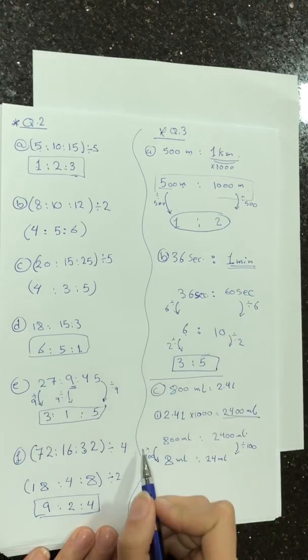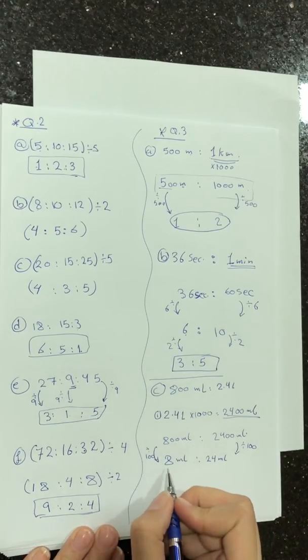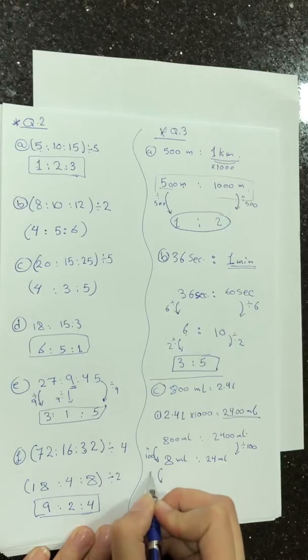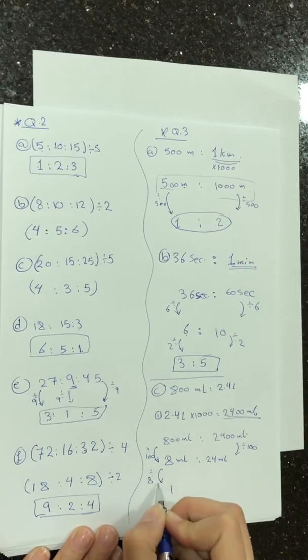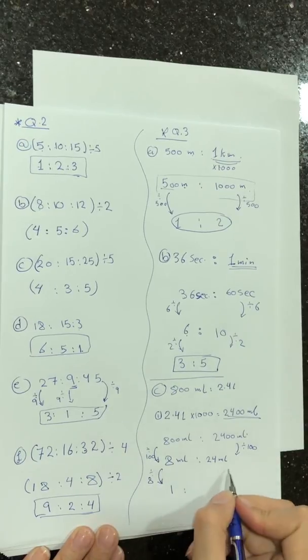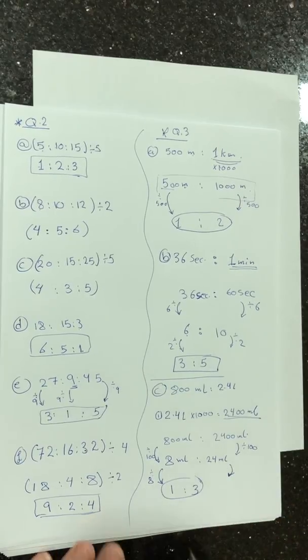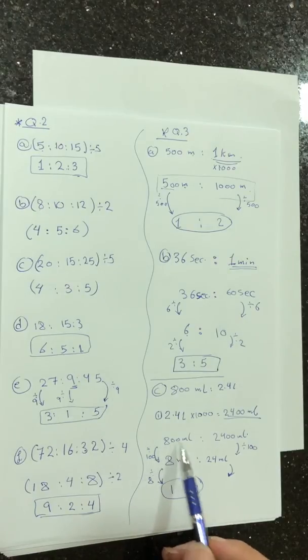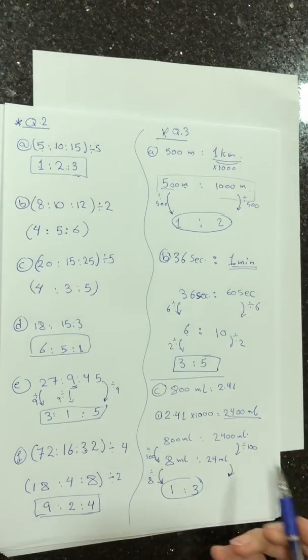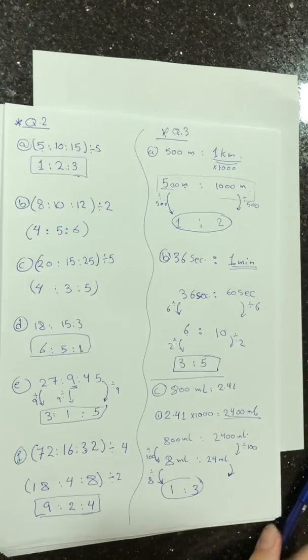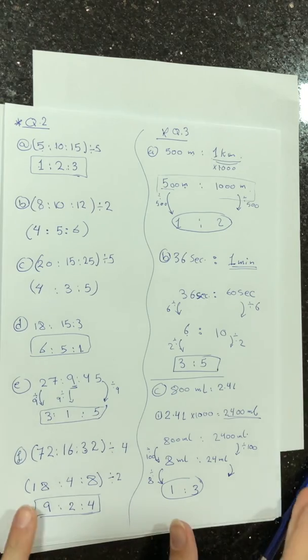Now 800 divided by 100, you'll get 8, and 8 divided by 8 is 1 milliliter to 3, because 24 divided by 8 is 3. Of course, you can say 800 divided by 800 is 1, 2,400 divided by 800 is 3. But I'm trying to show you different ways to get to the smallest ratio.